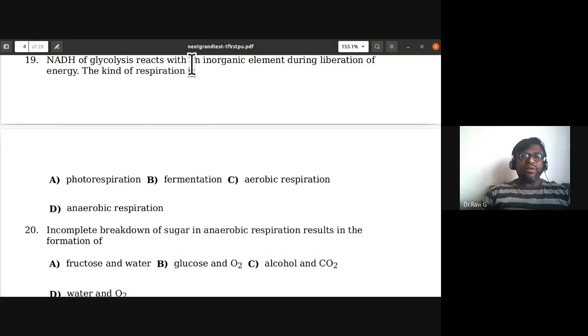So when is the liberation of energy going to take place? Any one of you, dear students, when does the liberation of energy take place during respiration from energy rich molecules? Anyone would like to answer?